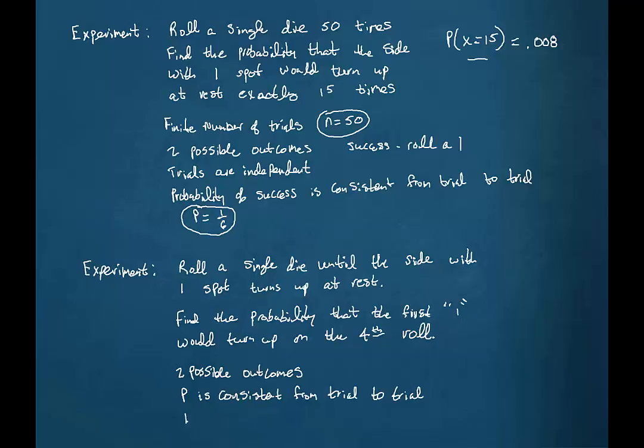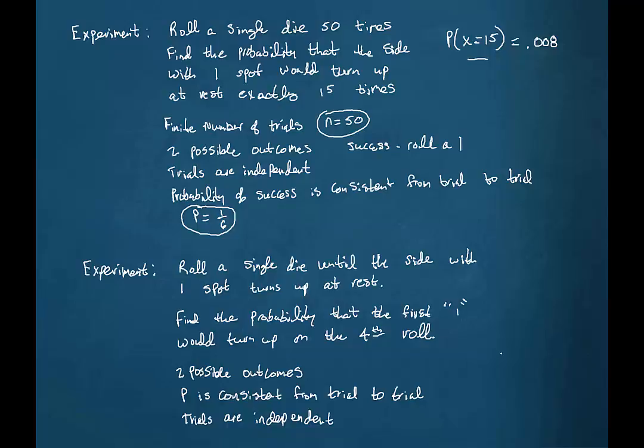The trials are independent. But this time we do not have a finite number of trials. We're supposed to find the probability that if we roll this thing over and over, the first 1 would turn up on the fourth roll.